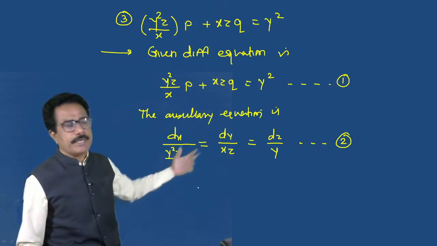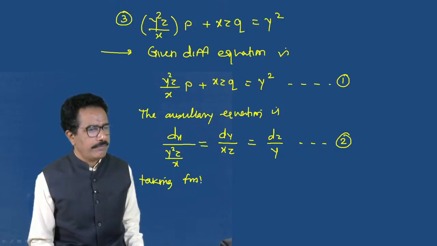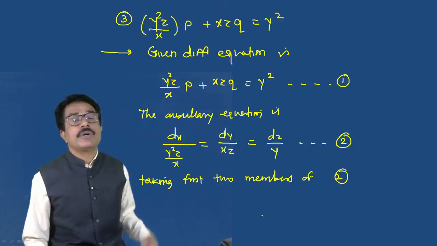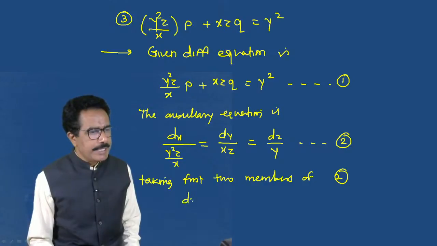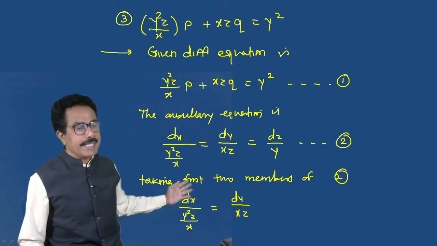Taking the first two members of 2, what will happen? So dx divided by y square z upon x is equal to dy upon xz. Z will get cancelled.